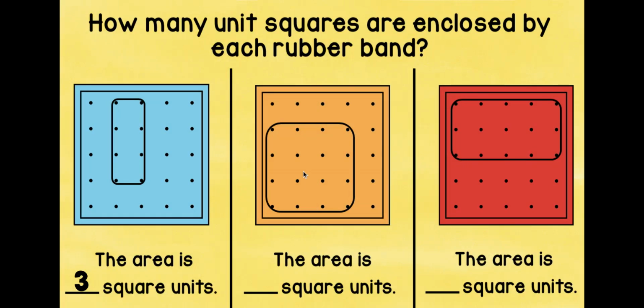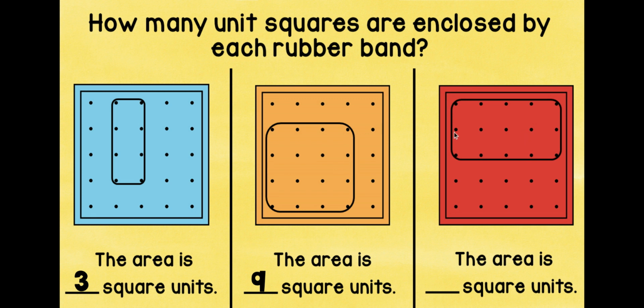Same with the orange shape over here. I would connect the dots to make a bunch of tiny boxes. And so you just kind of have to use your imagination right now since we're on a computer and try your best to count out. We would have 1, 2, 3, 4, 5, 6, 7, 8, 9 for 9 square units.